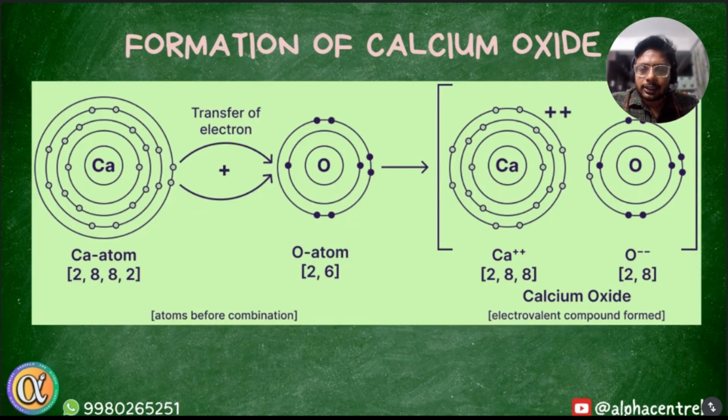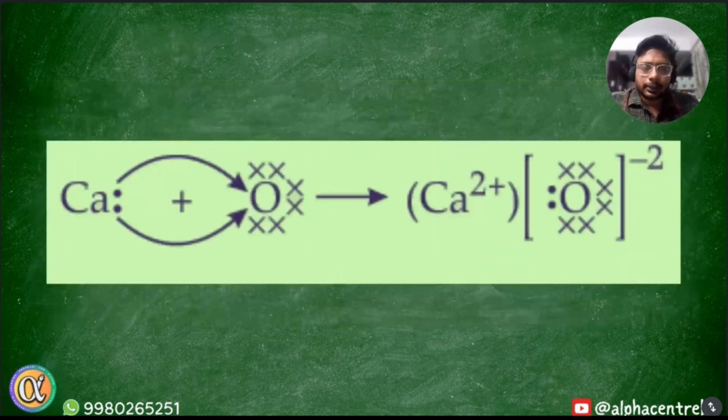This is the complete structural diagram for the change, where we can see that calcium is losing 2 electrons to oxygen. Calcium overall has a 2 plus charge, and oxygen overall has a 2 minus charge. The same thing in terms of an electron dot diagram can be written like this.